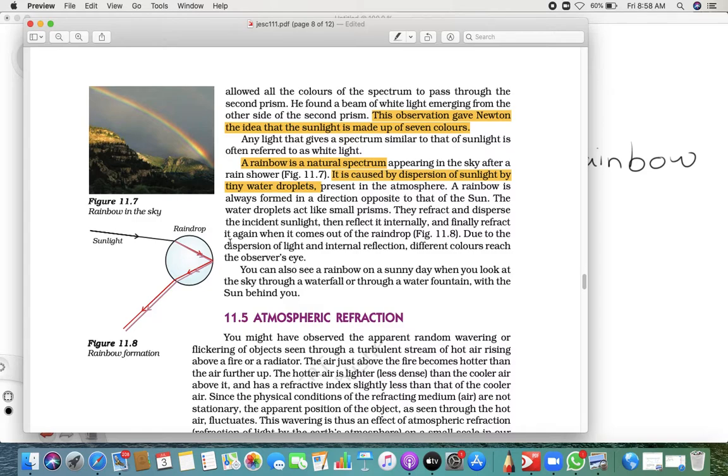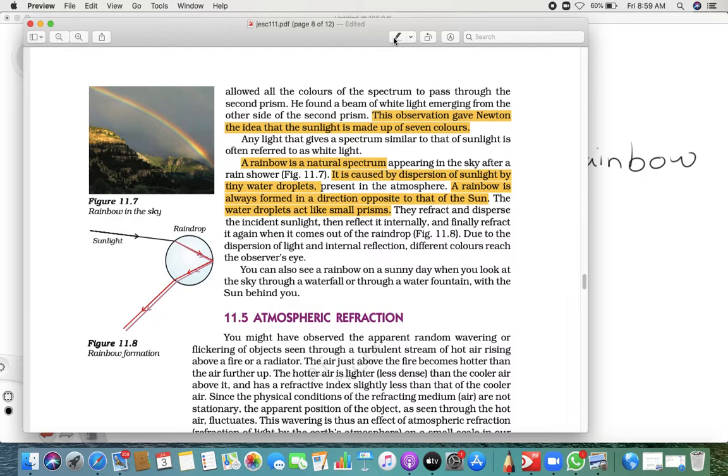First condition, the water droplets are tiny. Second condition, the sunlight has to be there. Third, a rainbow is always formed in the direction opposite to the sun. Now, these tiny water droplets act like small prisms.